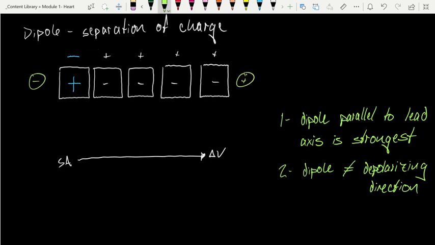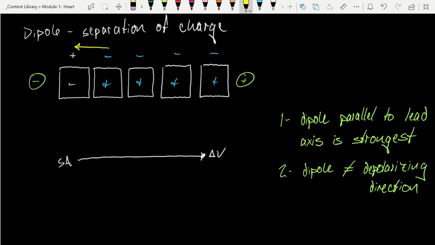Let's give another scenario. We put our leads back the way they were, but let's change the charge of some of these cells. In this scenario, we're all negative on the outside except for that far left cell. We do the same process. We identify our dipole. It's right there where I have a positive next to a negative. I'm going to draw my dipole arrow pointed toward the positive end of the dipole.